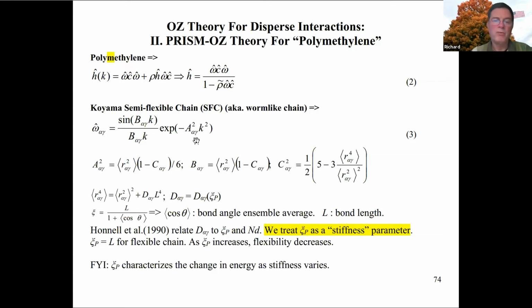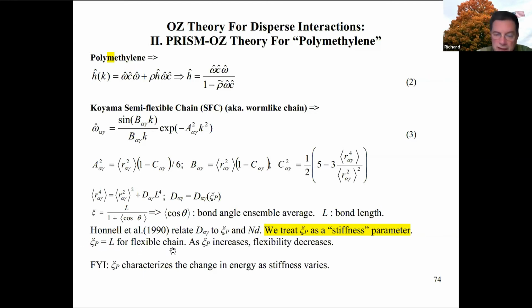And so by treating these A's and B's and C's as parameters and recognizing how they're related to the radius of gyration and the moments of that radius of gyration, we can characterize this stiffness, all of these A, B, C, and D parameters, in terms of just one parameter, which is this xi parameter. And so this is our persistence length.